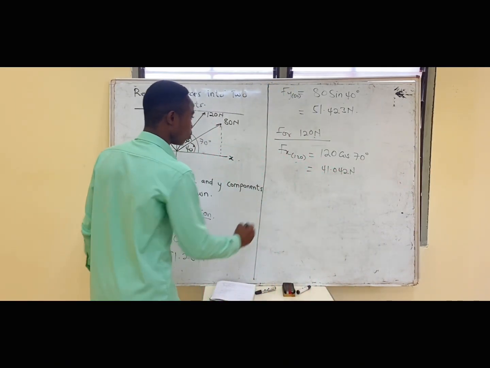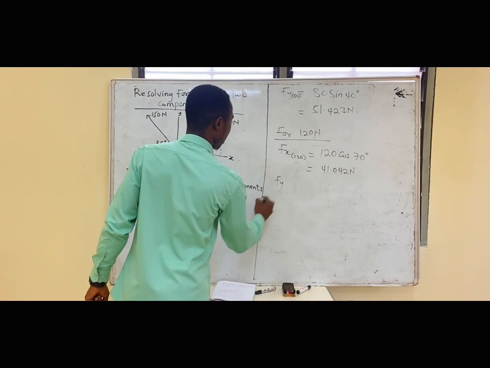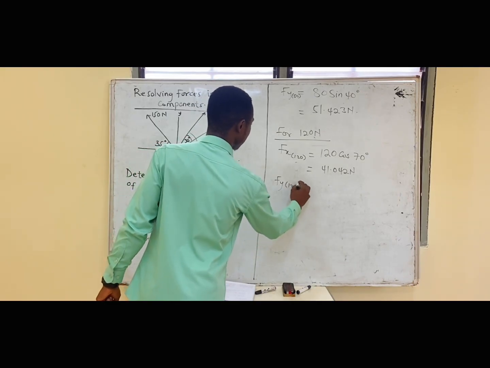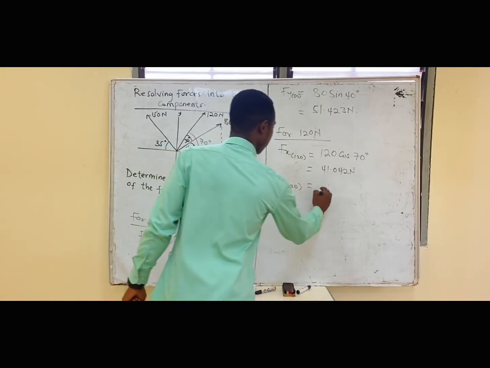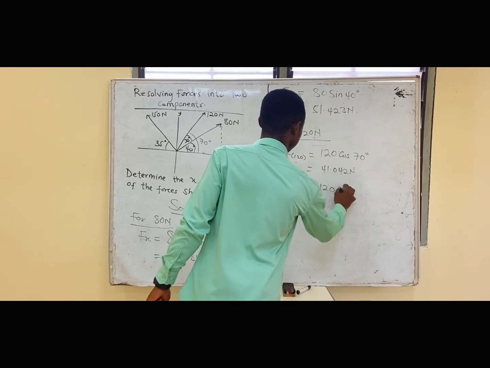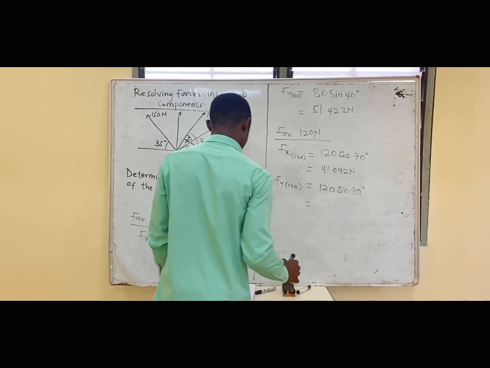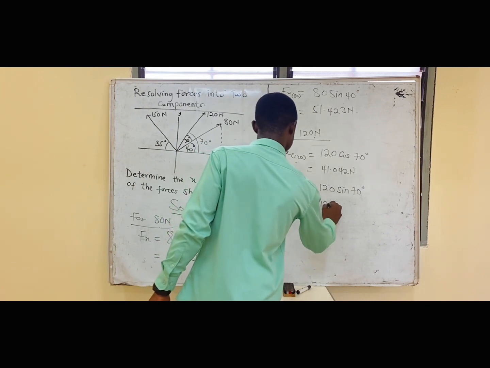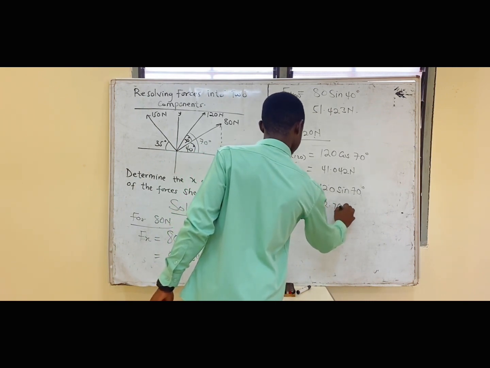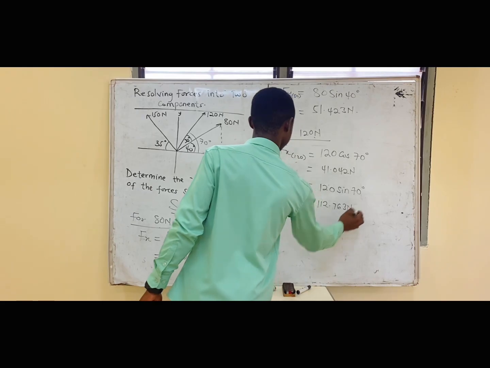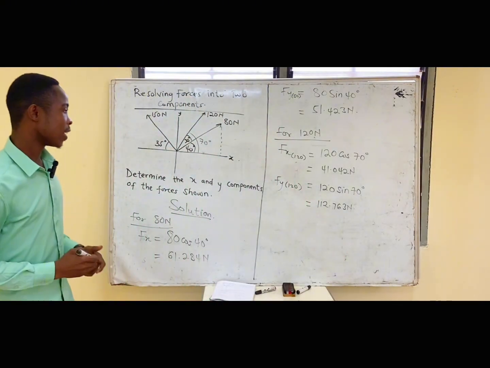Let's quickly move on to the Y component. That's the Fy of the 120 Newton force. So we have 120 sine 70 degrees. And this one will give us 112.763 Newton.